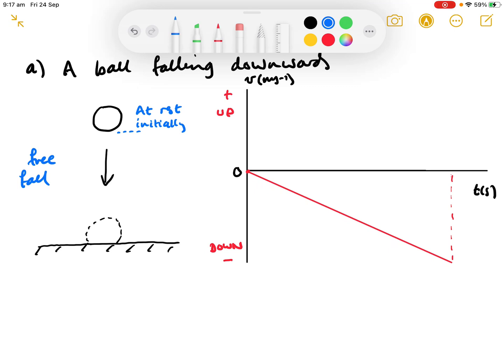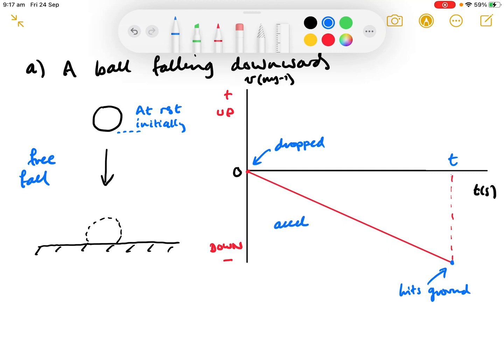Okay, and at time t, this is where it would hit the ground. And at that point, it's dropped.